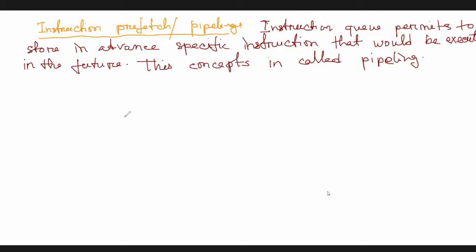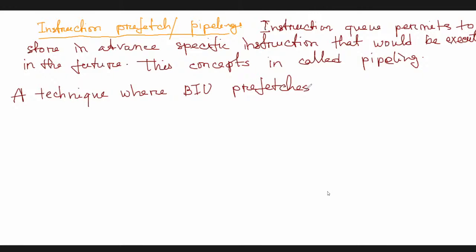So what is instruction prefetch? A technique where the BIU prefetches instructions for the EU to use.